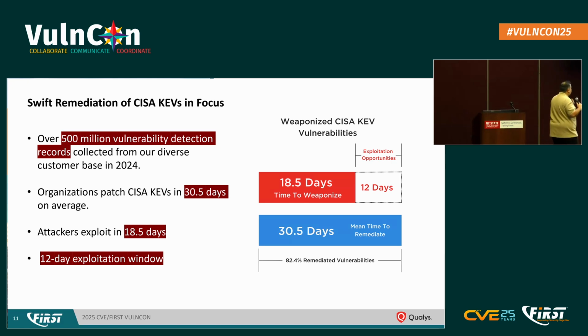When you look at the median, which is the middle point of those detections, the data shows a completely different story. The attacker takes around 5.5 days to weaponize the vulnerability, and our data shows 10 days for our customers, at least, to see they are remediating.